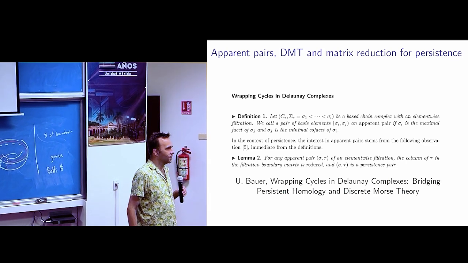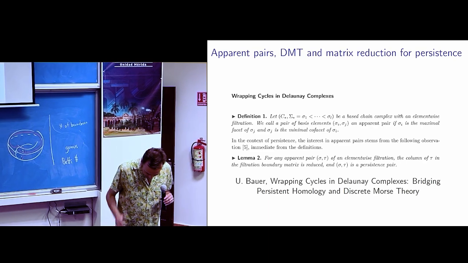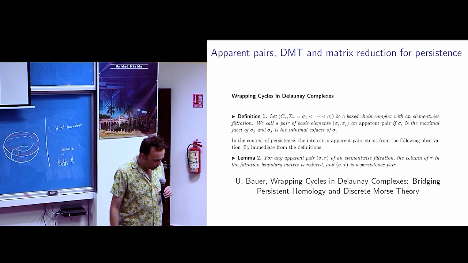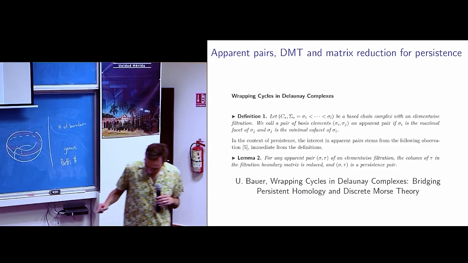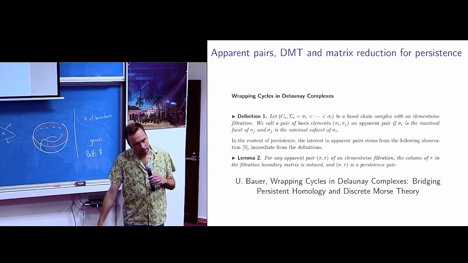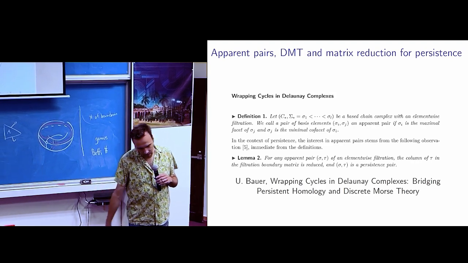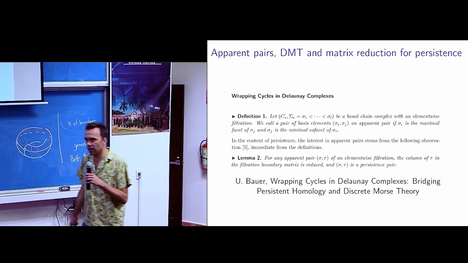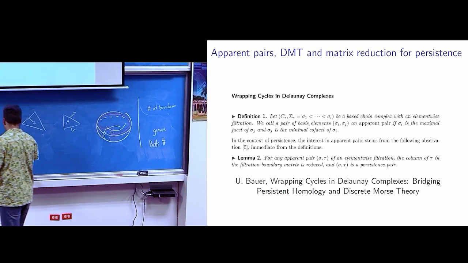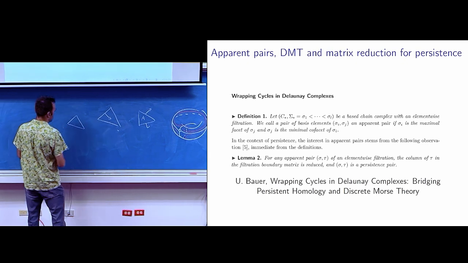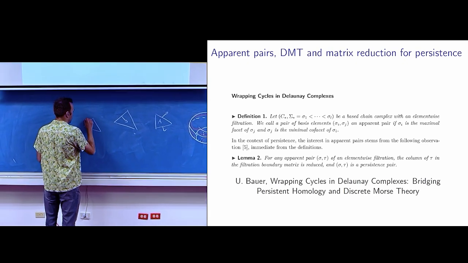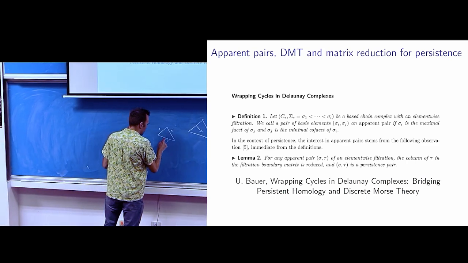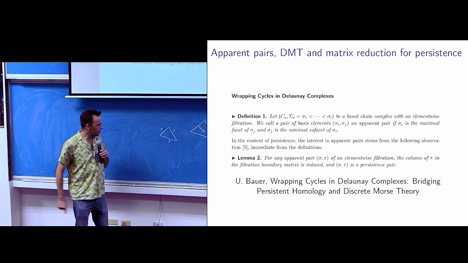Sounds Chinese, right? Okay, I'm looking at the pair of a simplex and something in its boundary. And what's the requirement? The element in the boundary is the last in the filtration. So this is the youngest child, or the youngest boundary element with respect to the filtration. So if I have a simplex, and the filtrations of the boundary elements are like this, that's the guy, because it is the youngest one.